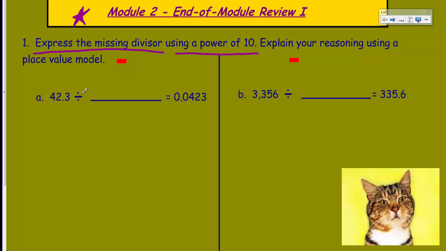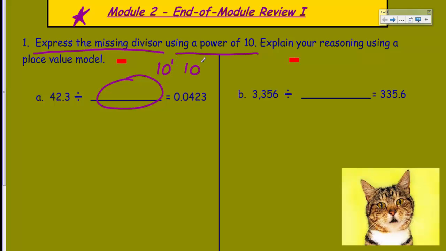Well, look what that really means. When we say express the missing divisor, you can see this is what's missing, the divisor right here. But we're going to have to use a power of 10. In that sense, we're going to write the divisor as maybe 10 to the first or 10 to the second.